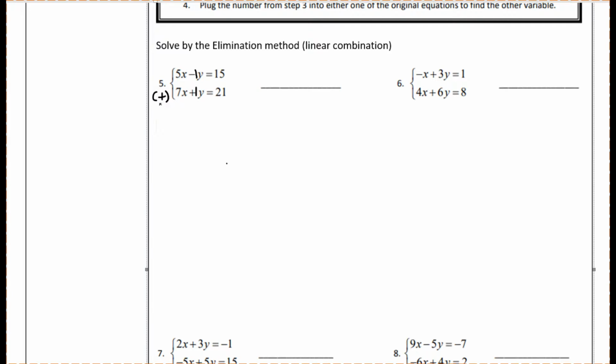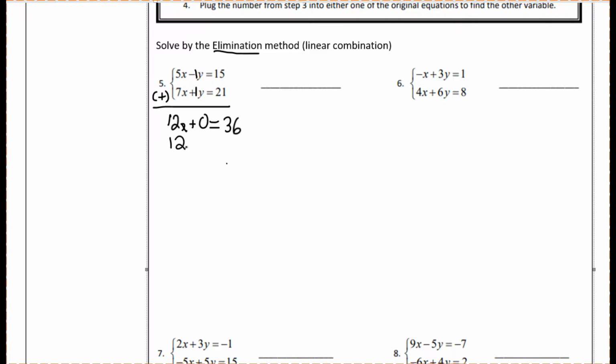So if I do 5 plus 7x, I get 12x. So now I essentially eliminated the y because negative 1y plus 1y is 0. So this becomes 0. And then 15 plus 21 is 36.